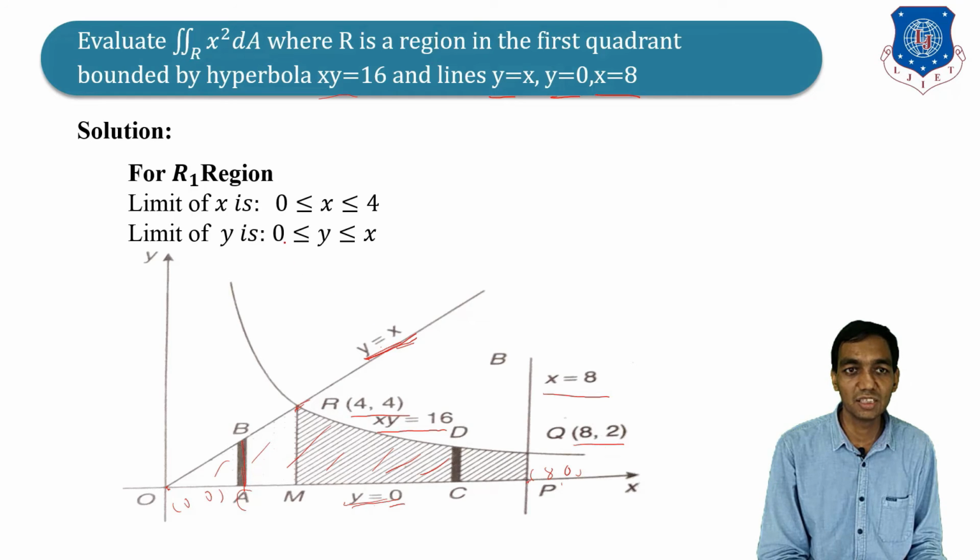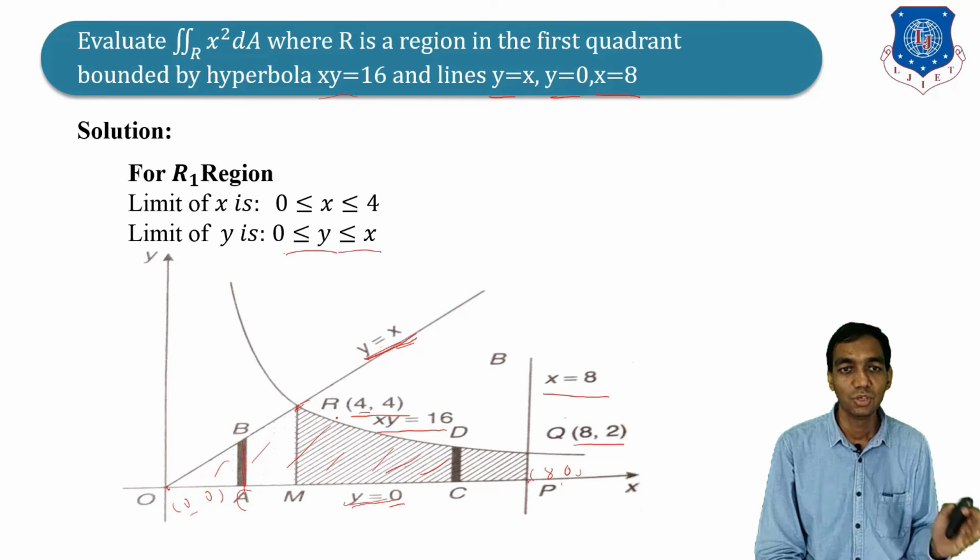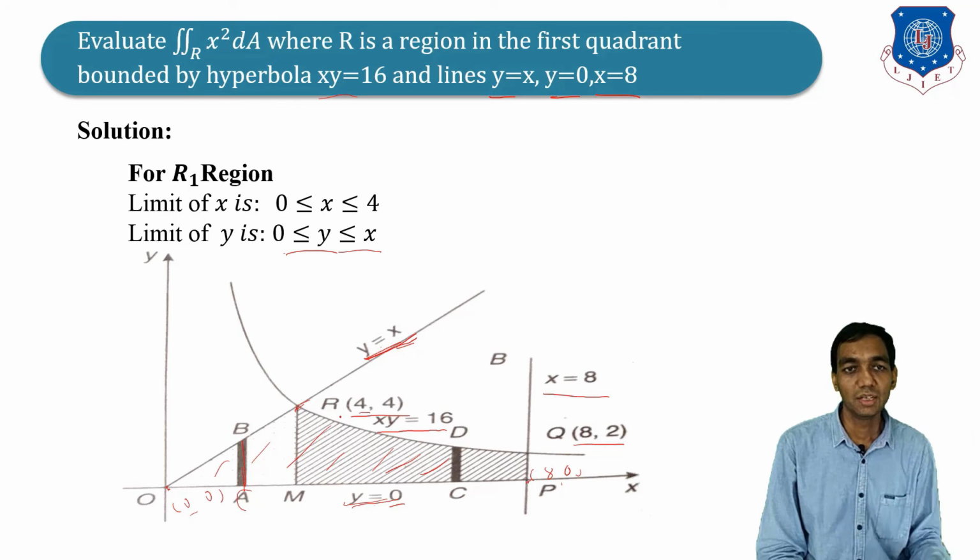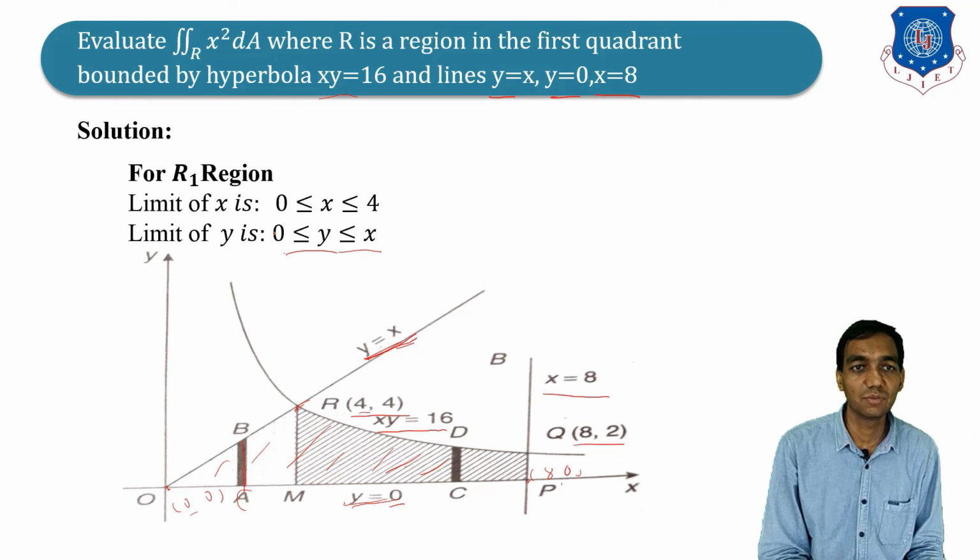That means the limit of y is from 0 to x. Okay. And now this strip A to B is moving from minimum value x equals 0 to maximum value x equals 4, because this strip is moving from x equals 0 to x equals 4. So in that case, your limit of x will be 0 to 4.